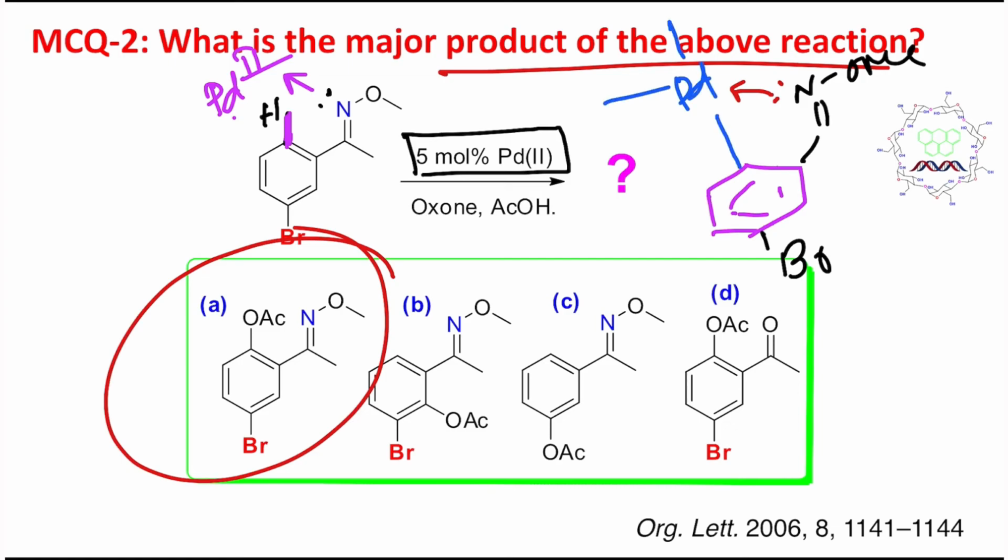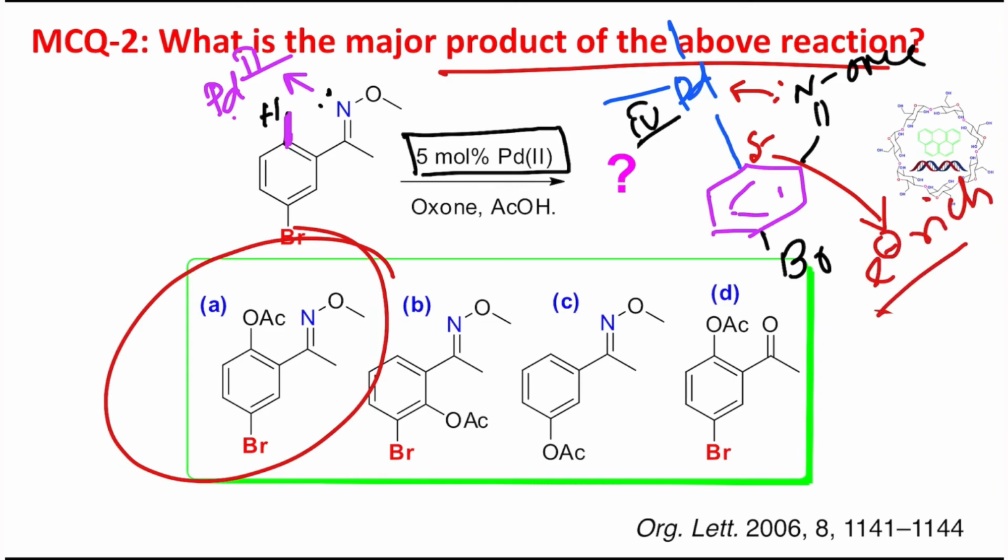So whatever else is there, I am not focusing. Now you can see this palladium is in a higher oxidation state, palladium 4, attached to carbon. So you may consider that this carbon is delta minus, or you can say it is electron rich in nature, it's a carbanion.